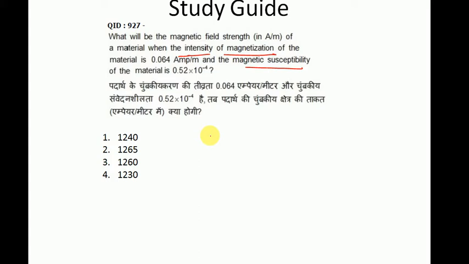Now if I divide it, there is no calculator in the examination. So 0.064 ampere per meter divided by 0.52 into 10 to the power minus 4.